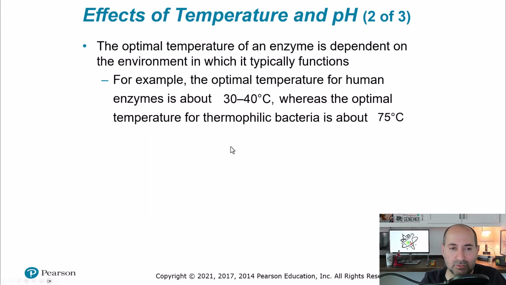Your body's temperature is about 37 degrees Celsius, so the enzymes in your body work best in that range between 30 and 40 degrees Celsius. Whereas, like I said, those thermophilic bacteria and archaea that live in hot springs can withstand upwards of 75 degrees C or more.